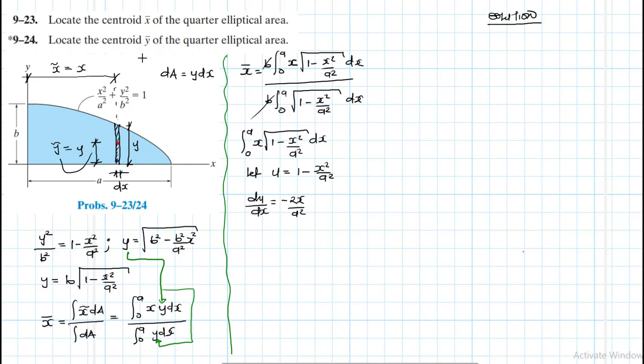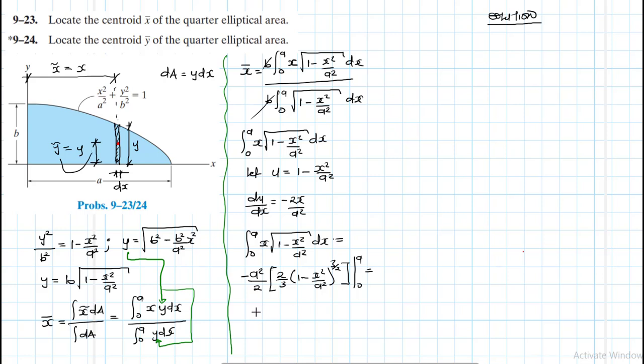So if you did this on your own, you are going to find that your expression for this integral from 0 to a of x gives you this expression, minus a squared divided by 2, and then we have open brackets 2 over 3, we have 1 minus x squared divided by a squared to the power 3 over 2, close bracket, and evaluating it from 0 to a.